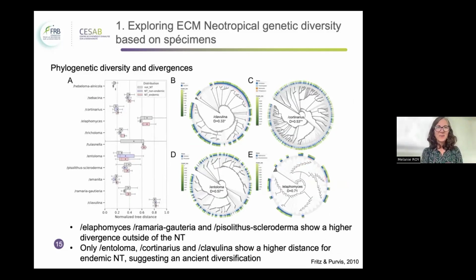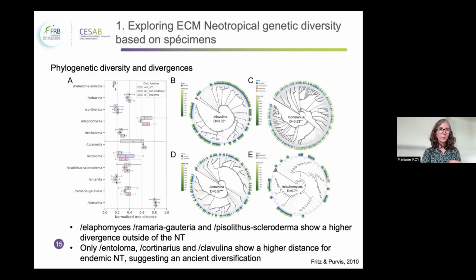Last point on this exploration of phylogenies, about the phylogenetic diversity and the divergences. We had only a few groups, only 4 major groups, with a real difference in the position of the neotropical sequences compared to others. It's Elaphomyces again, Ramaria, Russula and Pisolithus that had major differences.